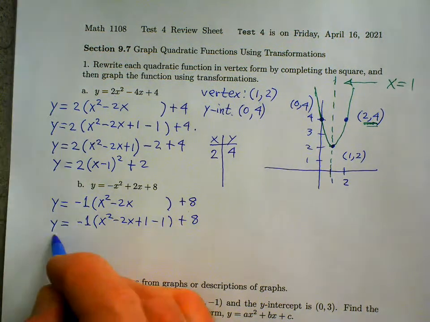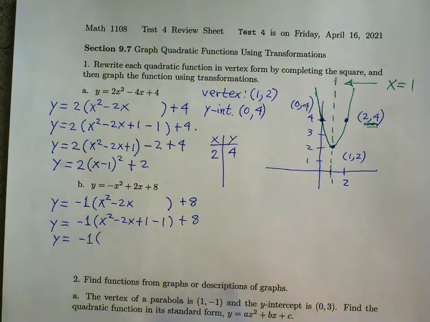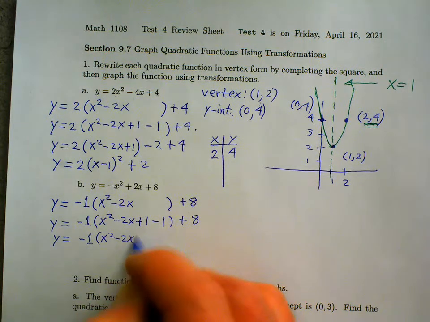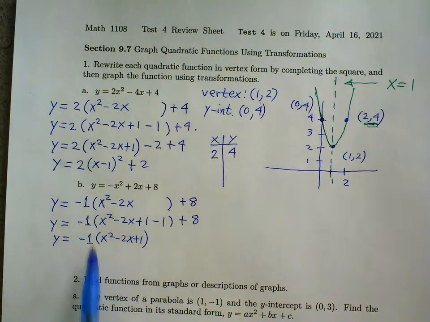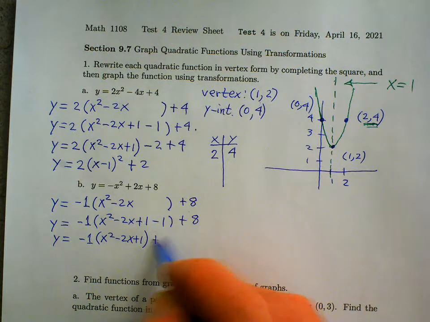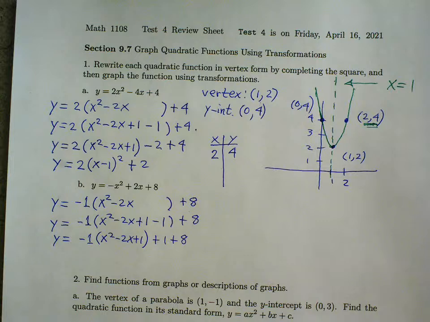Then in the next step, we keep the perfect square trinomial, the x squared minus 2x plus 1. And then on the outside of the parentheses, we write -1 times -1 is +1, together with the +8 that's already on the outside.